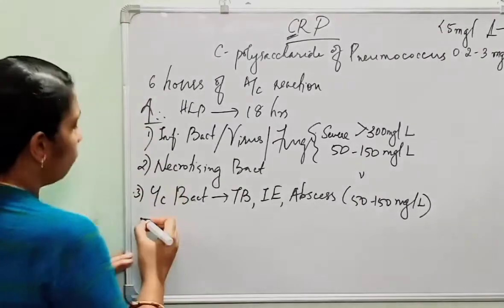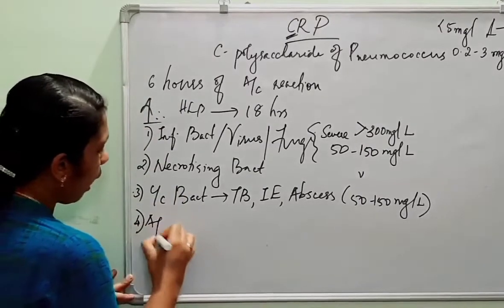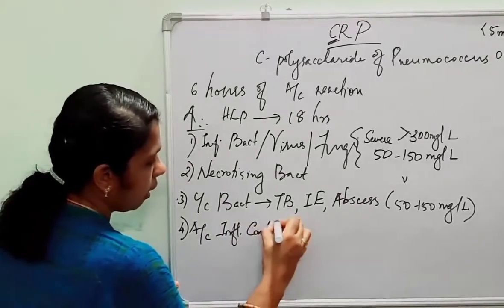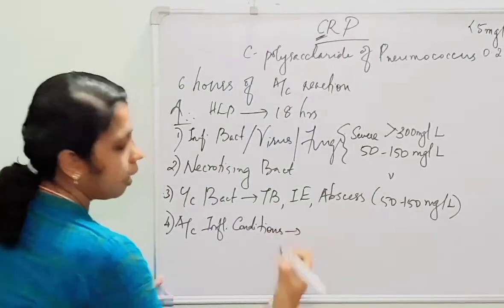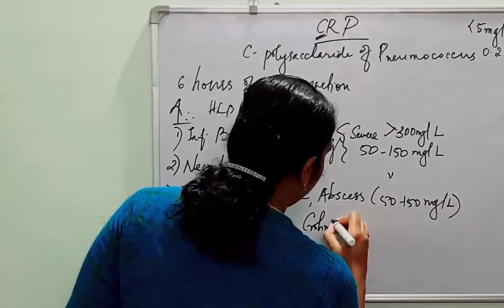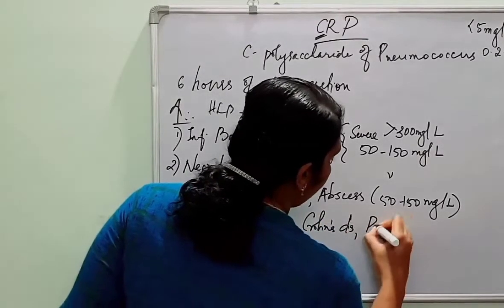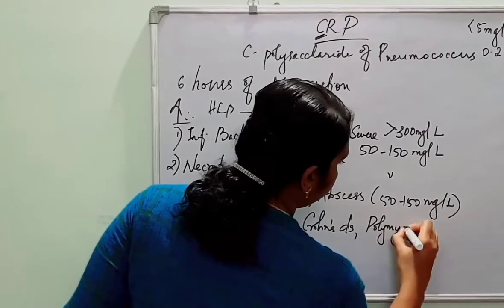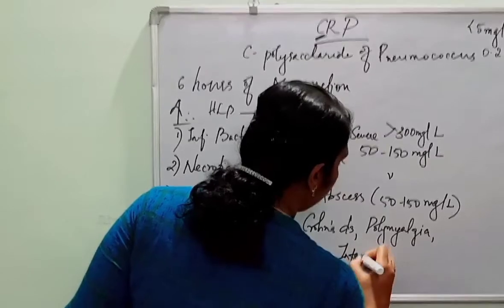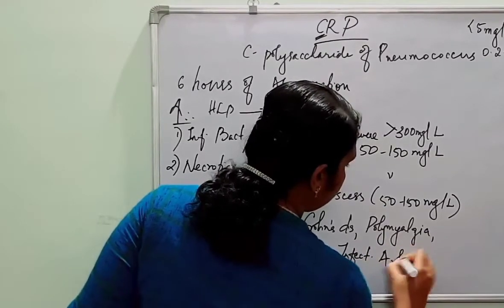Then fourth is acute inflammatory conditions, such as Crohn's disease, polymyalgia and infective arthritis.